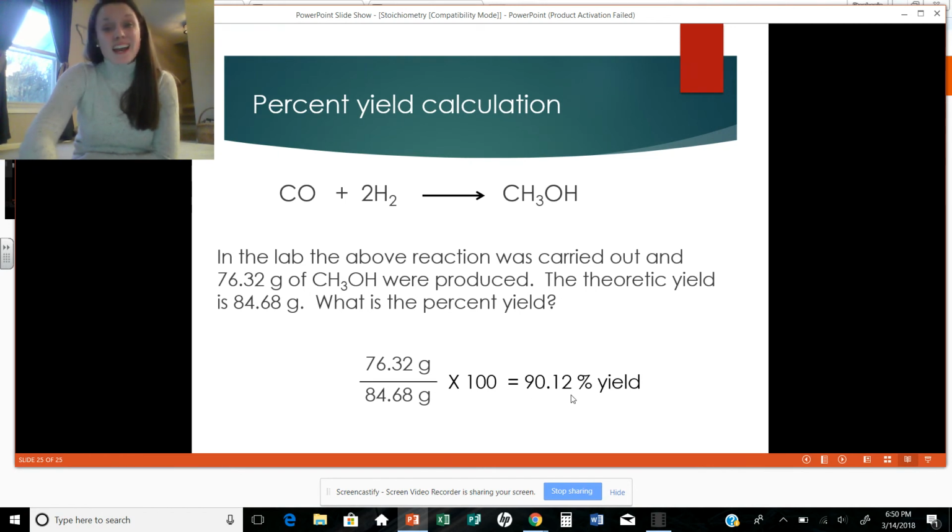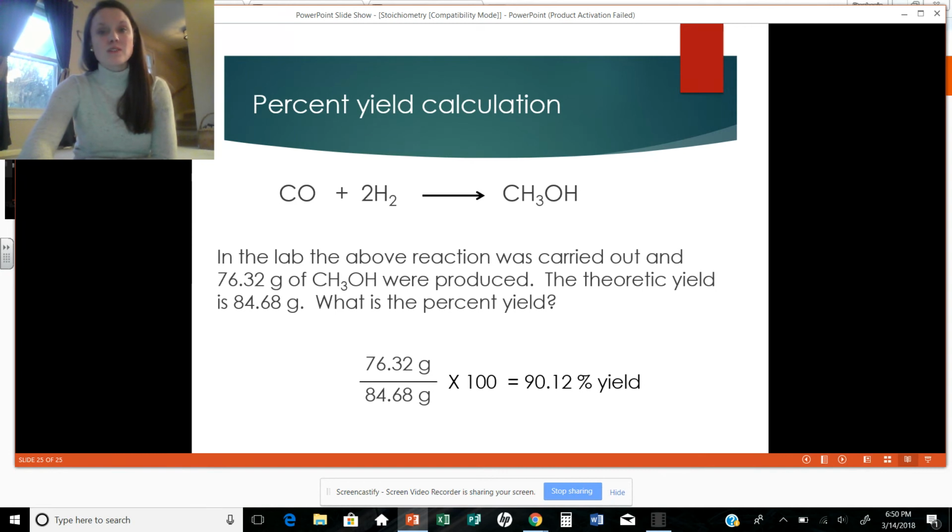So we got 90.12% of what we should have gotten, which means we lost roughly 10% of our methanol somewhere. It either was unreacted reactant or we lost some of the methanol in the transfer, but that will happen, so we need a percent yield to see how effective our experiment was, how much of our theoretical yield we got, and that's what this number tells us.